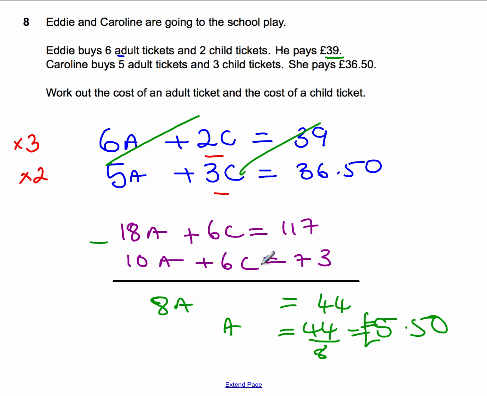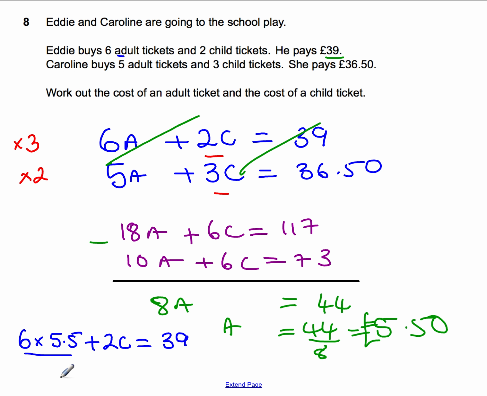Go back to any of these equations. I would pick the first equation because the numbers look smaller and we don't have any 50 pences there. So I know 6 adult tickets cost £5.50 each, if I plus 2 amount of the unknown child tickets, and they are worth £39 in total.